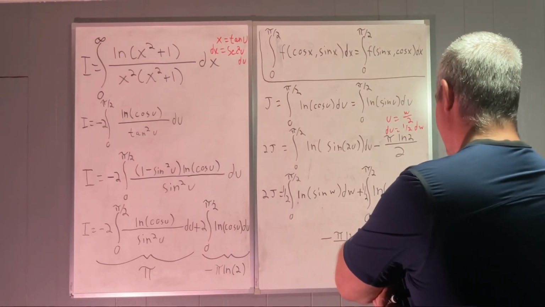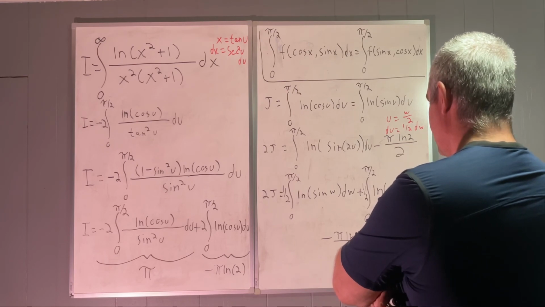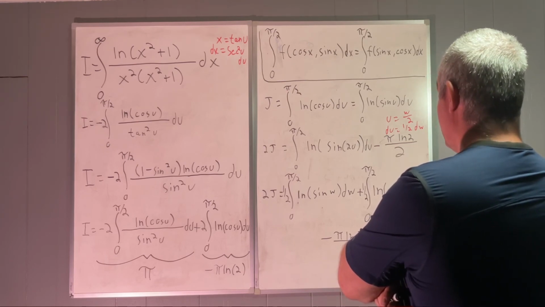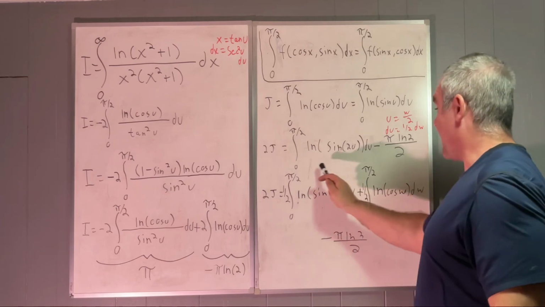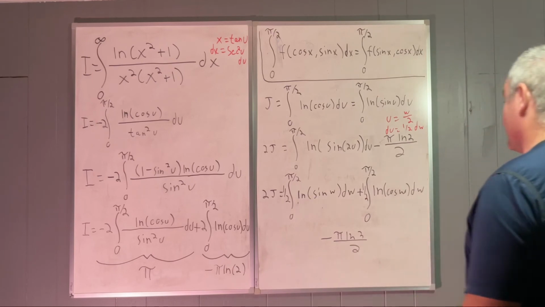Well, we use King's property on this one right here to switch that to a cosine w.